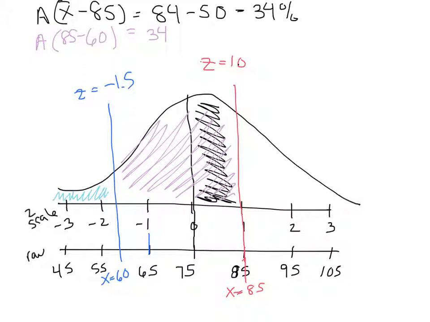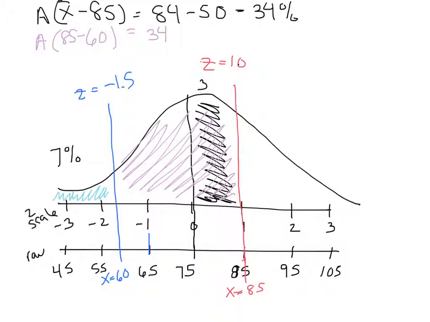Well, the way I can do that is to subtract out this smaller area by using the smaller portion if I flipped my z-table. So if I flipped my z-table and looked at a z-score of negative 1.5, this lower area would be considered 7%.